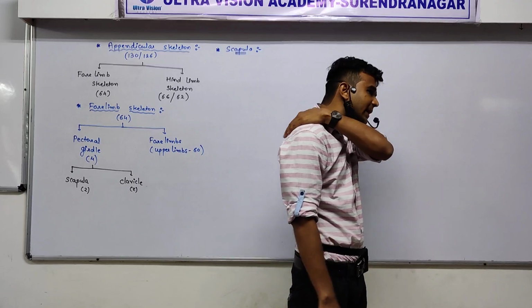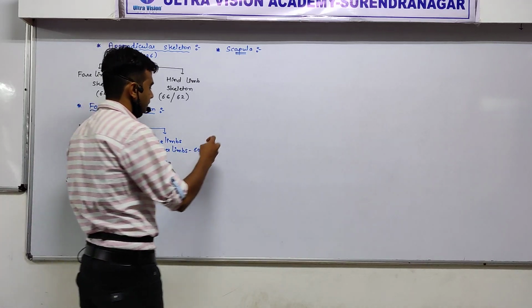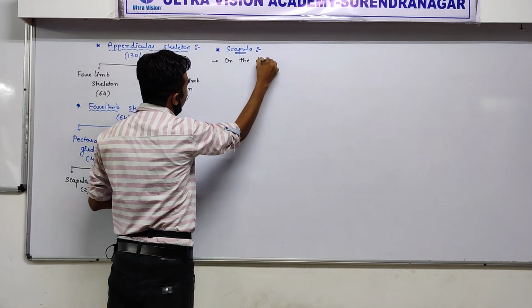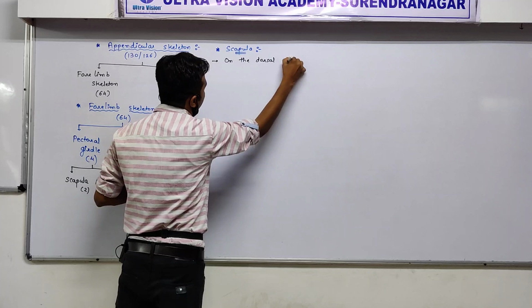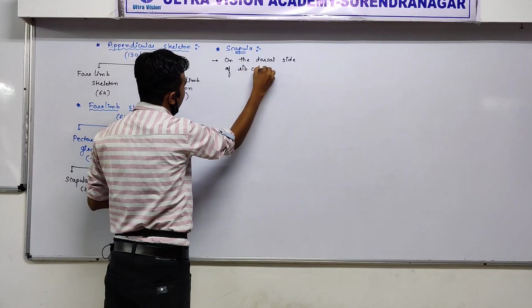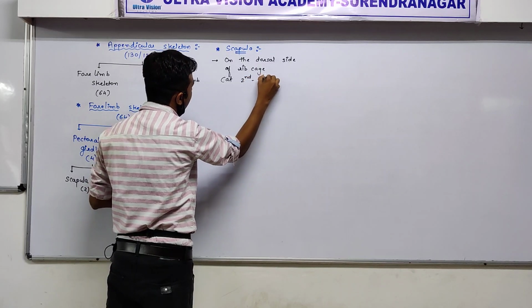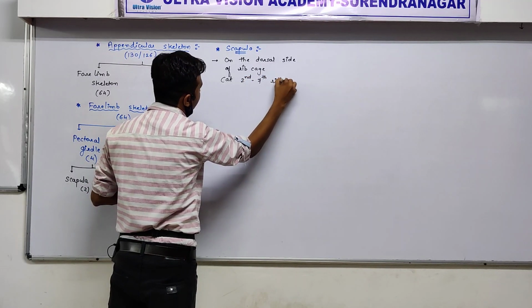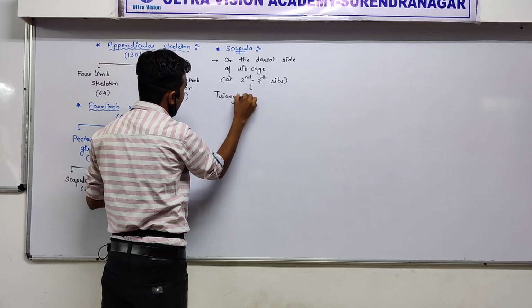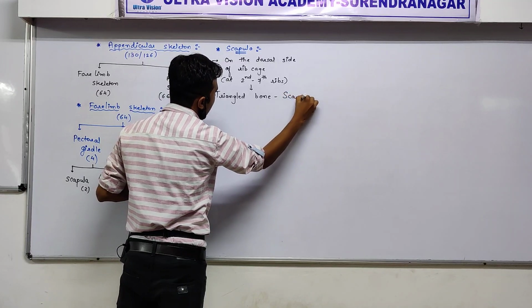So just on the dorsal side of the rib cage, at the 2nd to 7th ribs, a triangle bone is present, known as scapula.